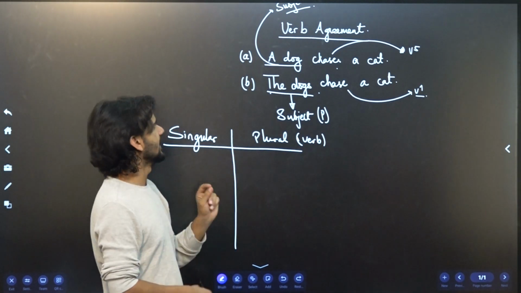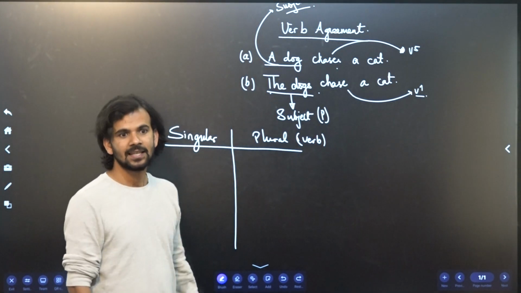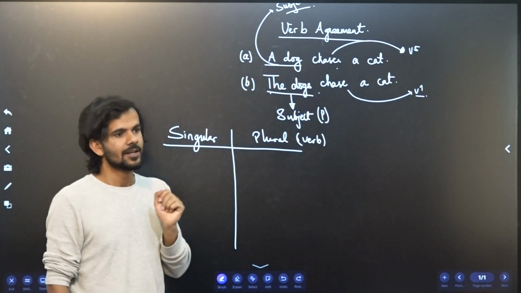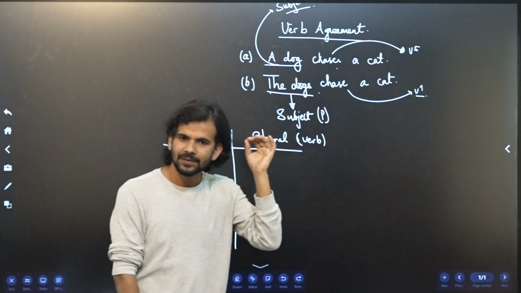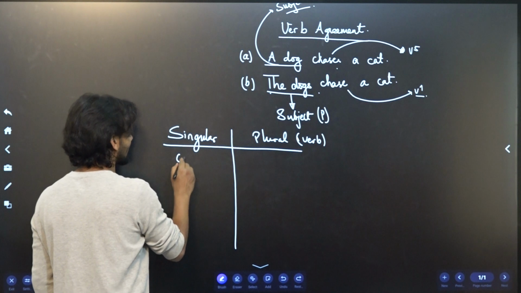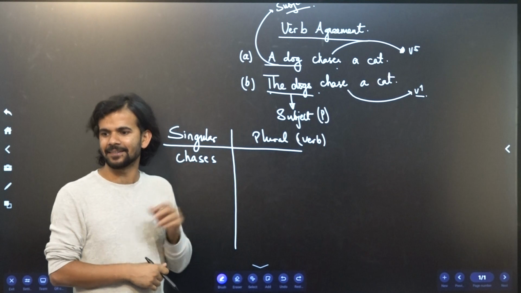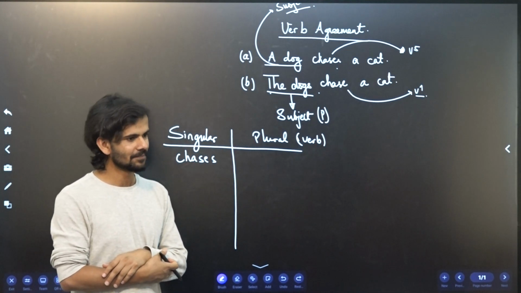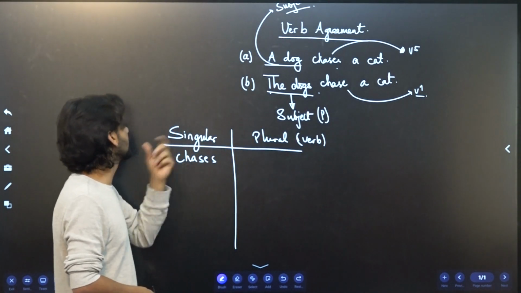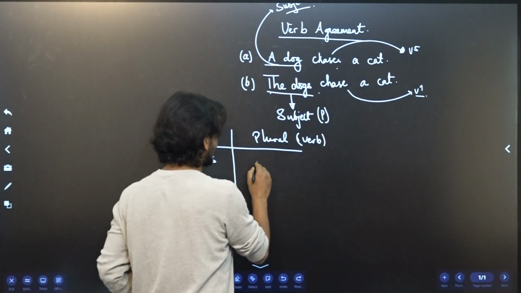So that is to say, a dog is a singular noun, and the form of the verb that it takes is chases. So chases is a singular verb. This is a bit funny, right? You have s at the end, whereas the plural form of the verb chase is chase.